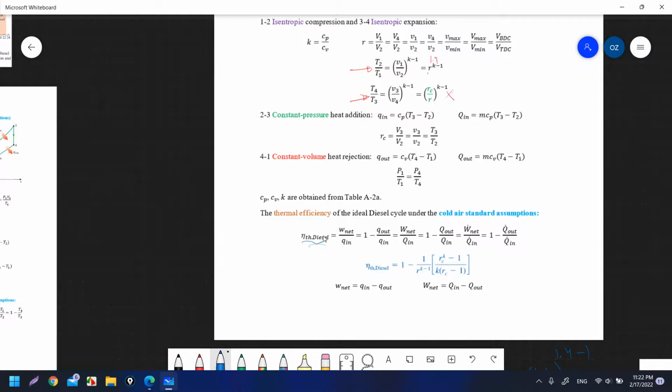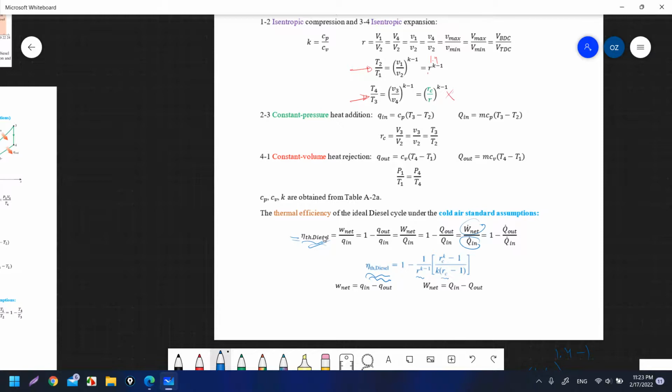That is why this question cannot be solved using variable specific heat, because we have an equation for the thermal efficiency of diesel in terms of the compression ratio and the cutoff ratio. I have the cutoff ratio and the compression ratio given in the question. So if I find the thermal efficiency from here, and I have W dot net given in the question, I can find Q dot N.